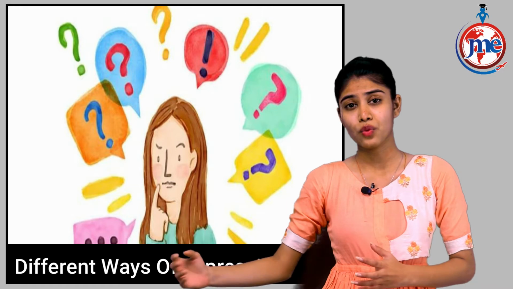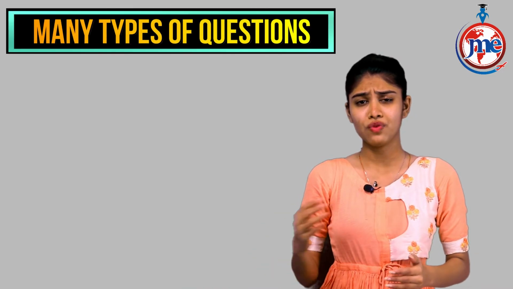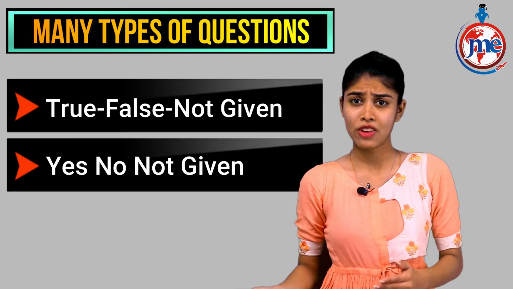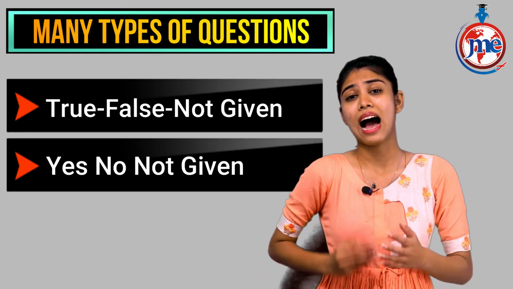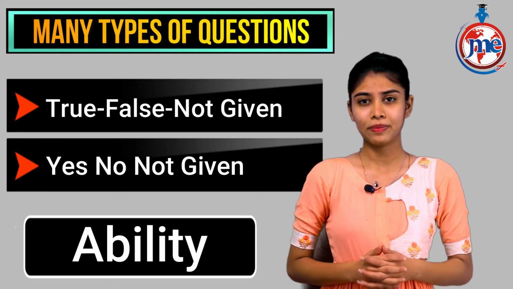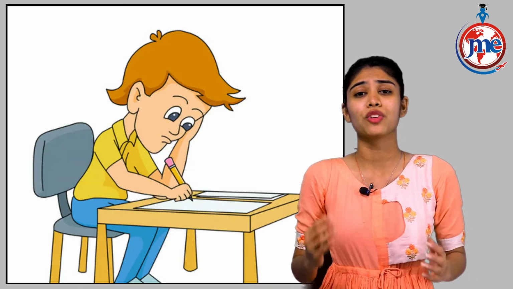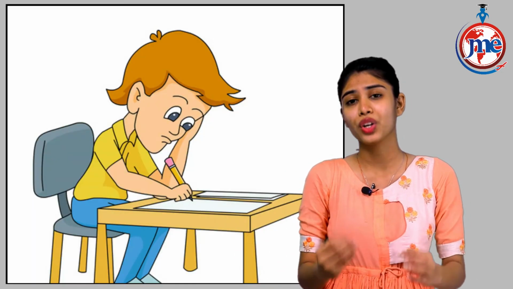Also there are many types of questions, like true false not given and yes no not given, and these types of questions are asked to check your ability to match a parallel phrase in your task. Students, if you have done good practice, then it will be quite easy for you to attempt all the questions.